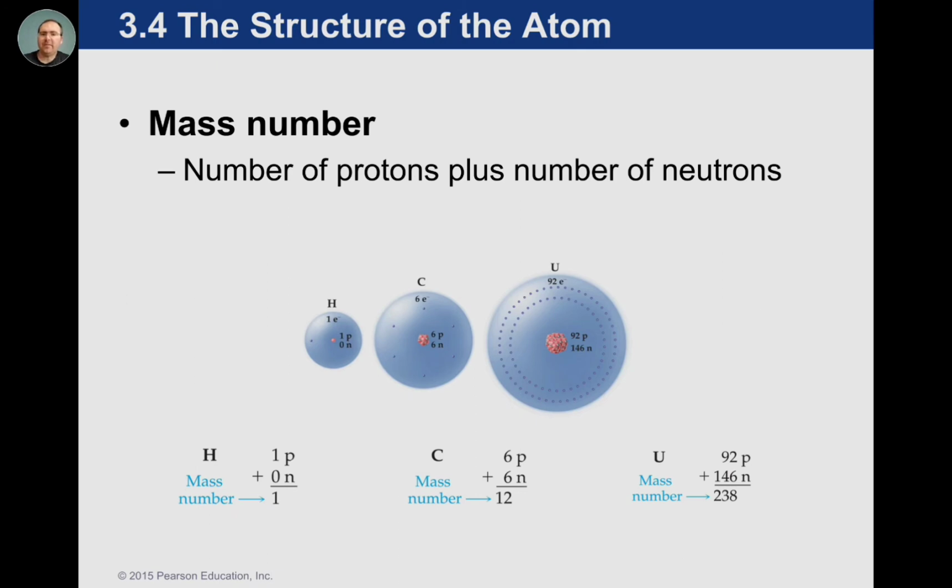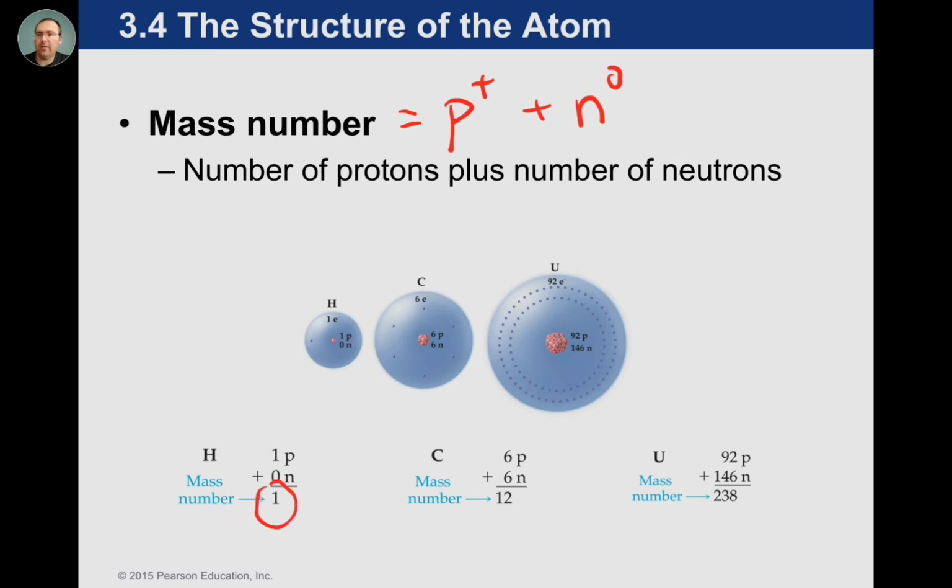As we start to look at mass number, remember mass number is protons and neutrons only. So again, it takes over 1,800 electrons. So mass number again is the number of protons, which we call P positive, plus the number of neutrons, which is N0. It's kind of the abbreviations of those. So if hydrogen only has 1 proton, no neutrons, it has a mass number of 1.